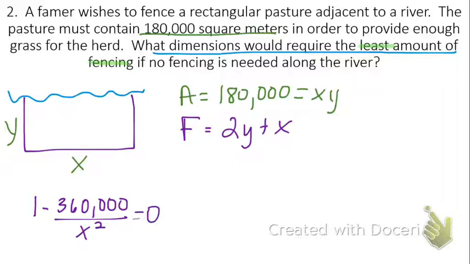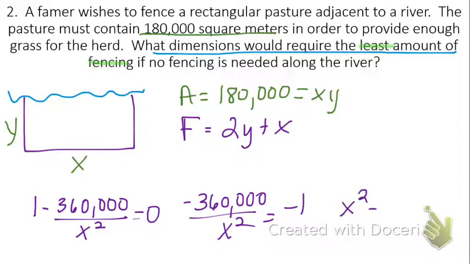I'm just reminding you how you solve that. If you subtract 1, cross multiply, and then you can take the square root to get to the answer. I think it's 600.